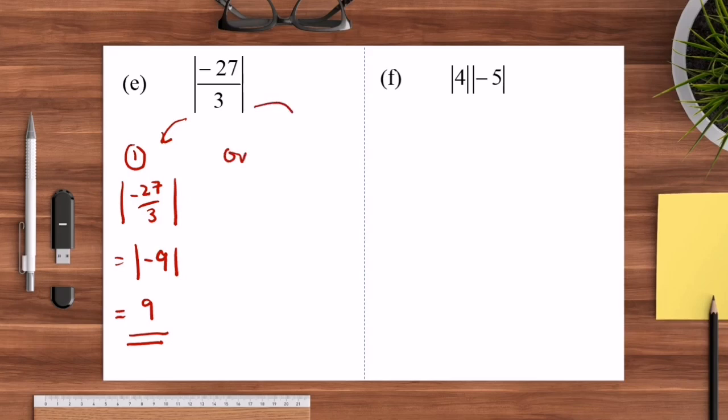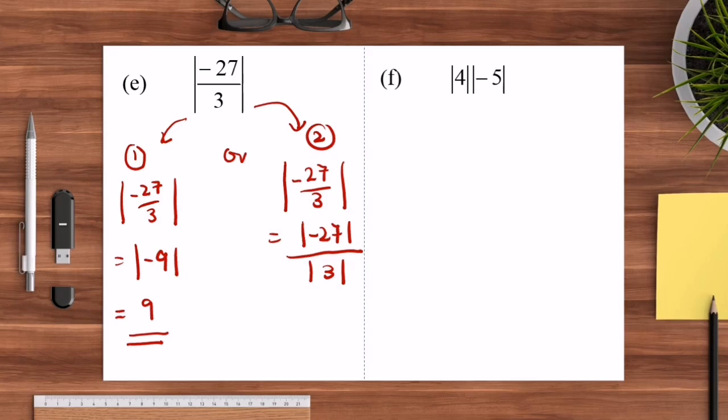Or the second way, absolute value negative 27 over 3 is equal to, we can split into absolute value negative 27 divided by absolute value of 3.